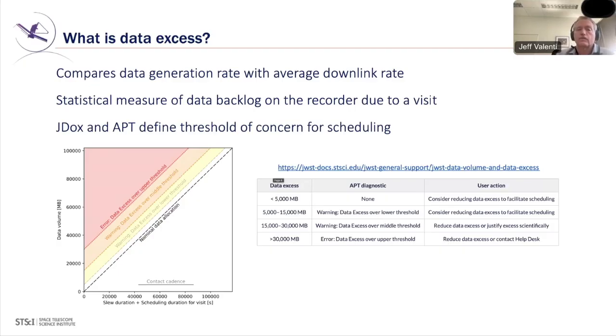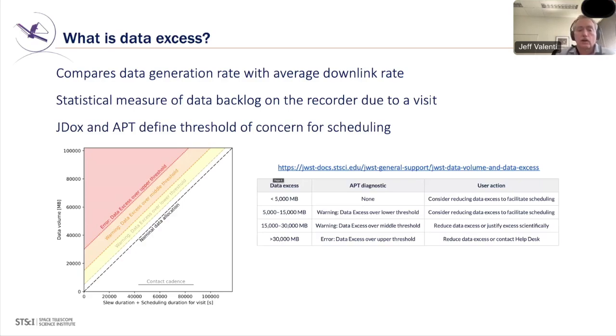If you have a long visit, then you can accumulate more data without violating your quota. If you have a short visit, then your quota says you should only be taking a small amount of data. On the other hand, if you don't generate that much total data, then it's not a problem. And if you have a short visit and you're generating data very quickly, but you only do it for 10 minutes, it's not a problem.